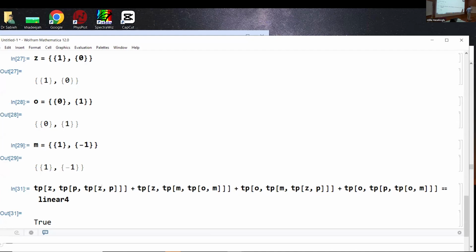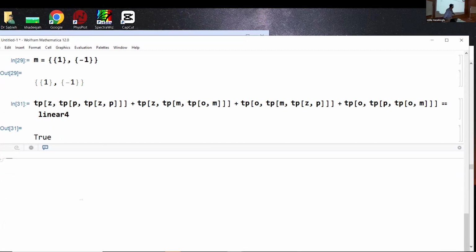So let's now measure the first qubit in the state along the axis alpha. How do I do it? Measuring the first qubit means I apply RZ minus alpha.